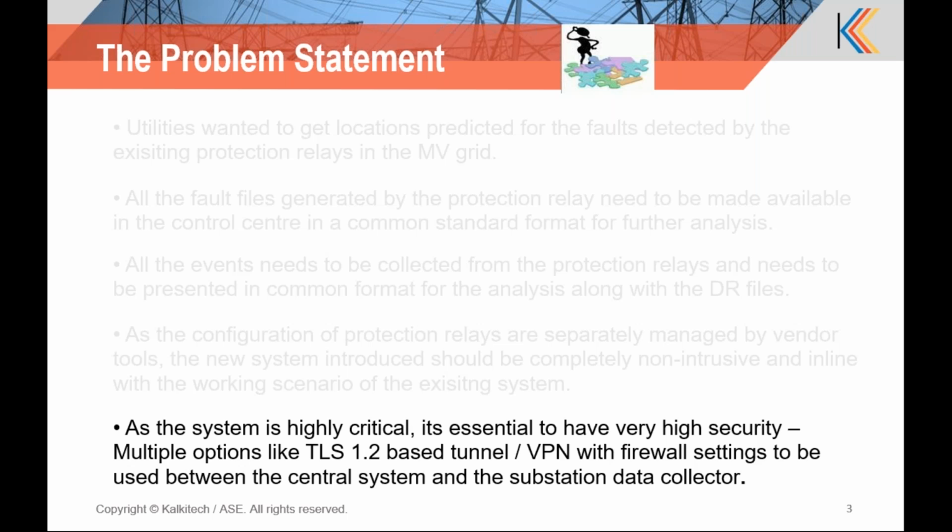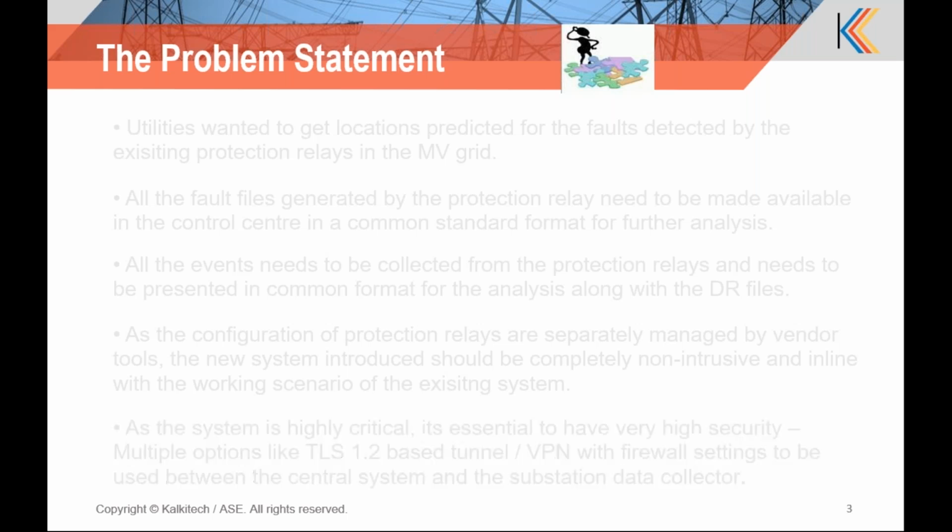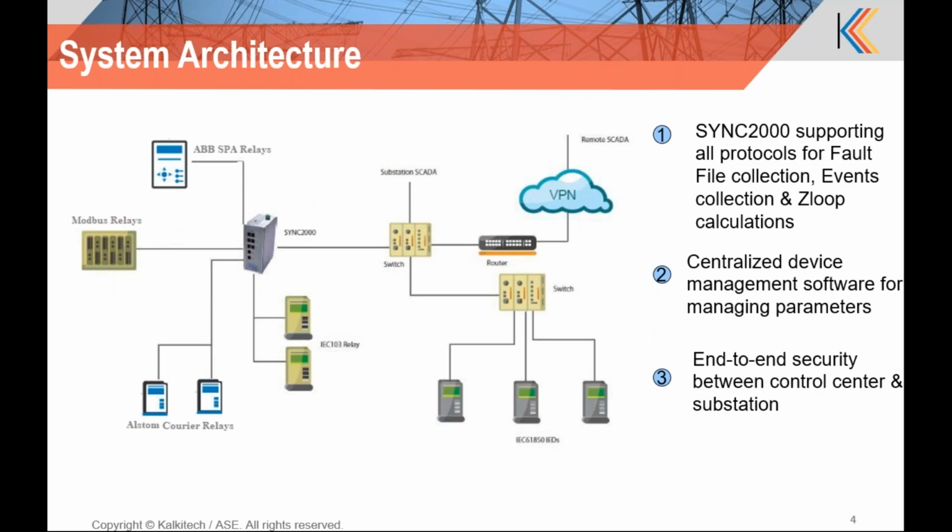It involves multiple mechanisms like role-based access, along with a TLS 1.2 based tunnel and a VPN based setting from the center. So multiple mechanisms, tunnel, VPN, role-based access, need to be addressed to solve the customer problem. So moving on to the system architecture.